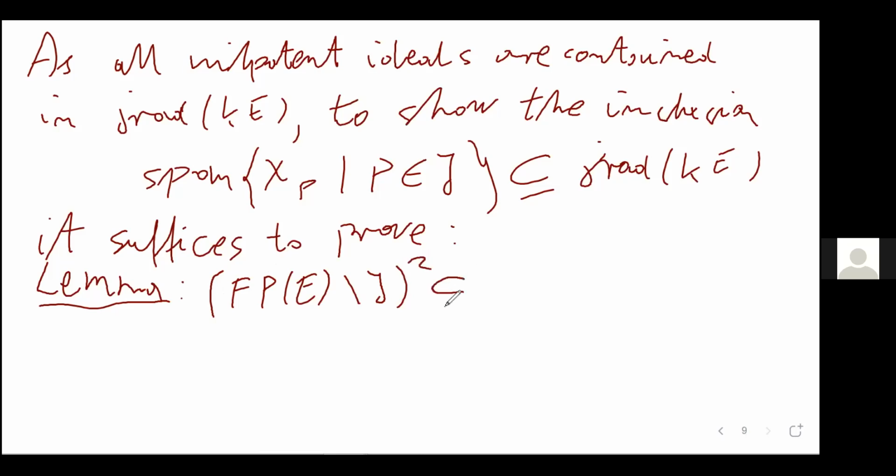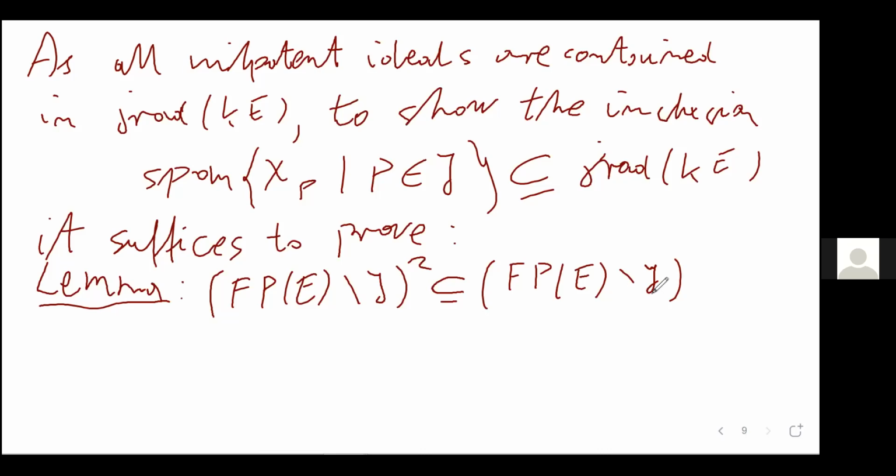So when I square this set, this is contained in the set itself. In other words, if you can compose two paths that are not in J, I mean, they might not be composable, but if they are composable, and you compose them, then you'll again get a path which is not in J. Okay, so this is what this inclusion means.